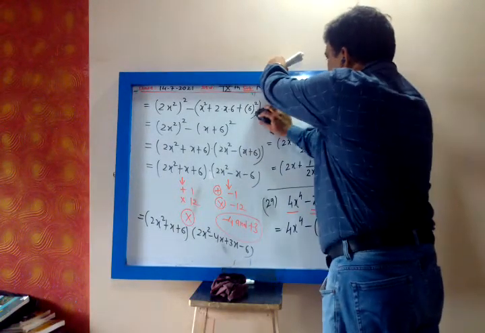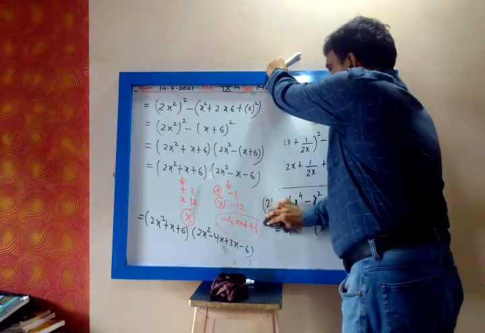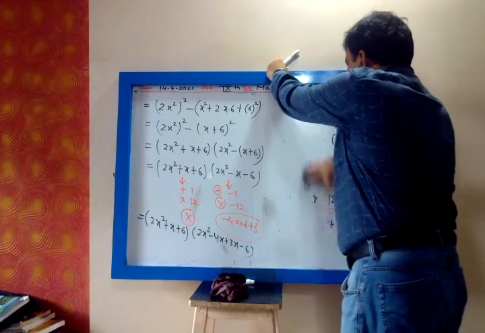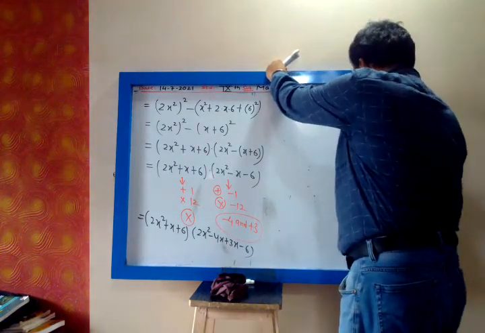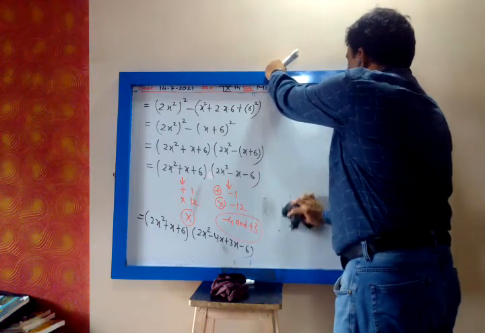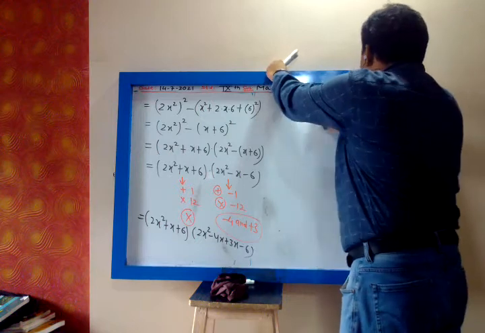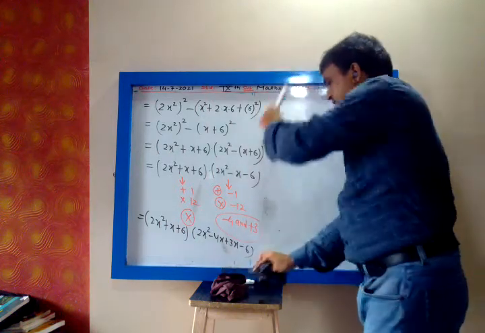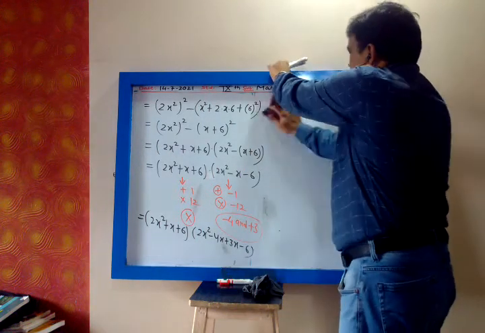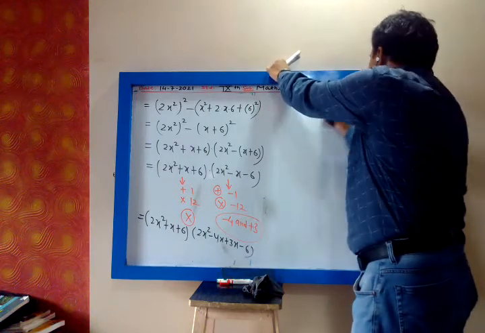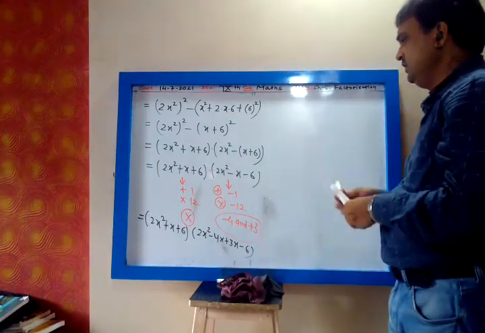Now we will simplify. So first one is not factorizable because b square minus 4ac is not a perfect square. A given quadratic equation is factorizable if b square minus 4ac is a perfect square.